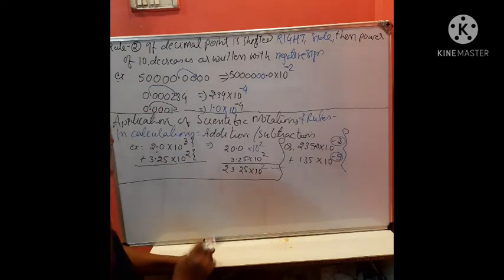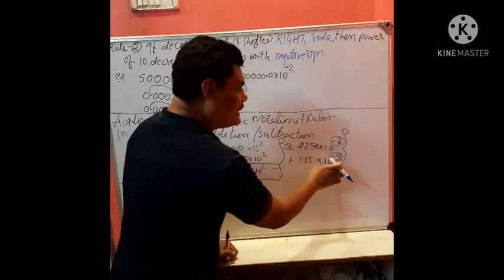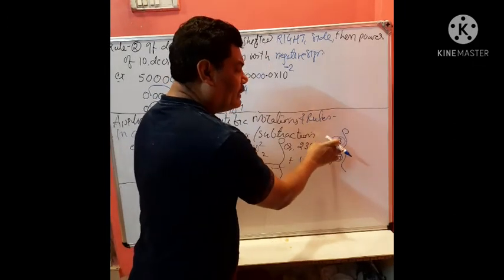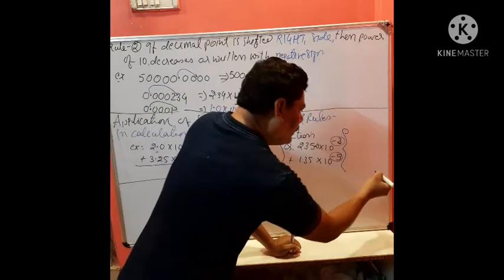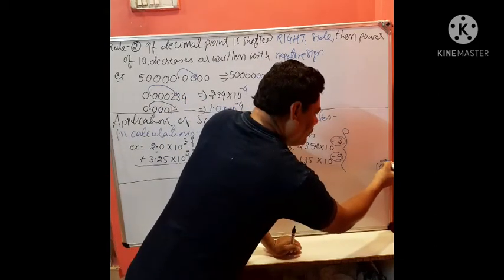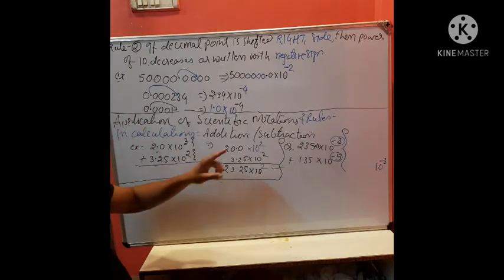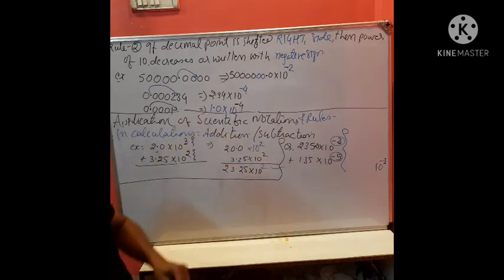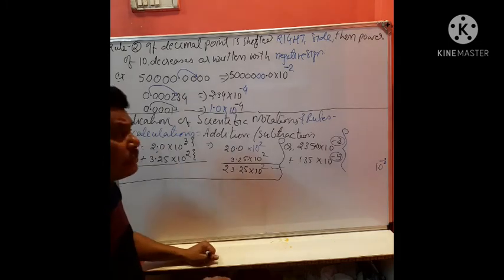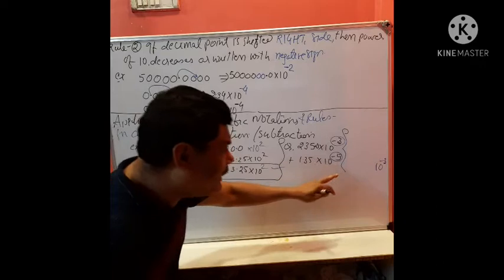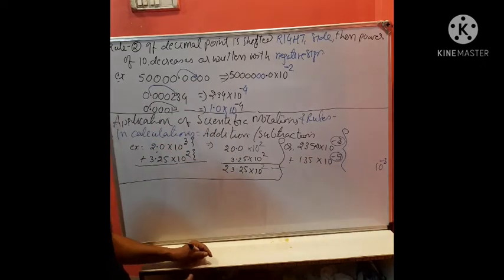So if I am changing 10 to power minus 5 and making it like 10 to power minus 3, that will become 10 to power minus 3. Here I have to again decrease power, so 10 to power minus 5 to 10 to power minus 3.